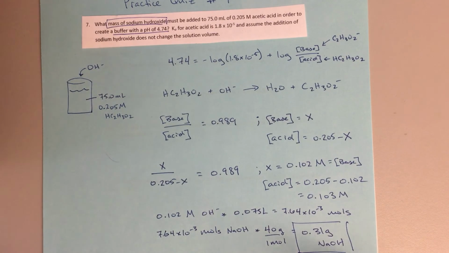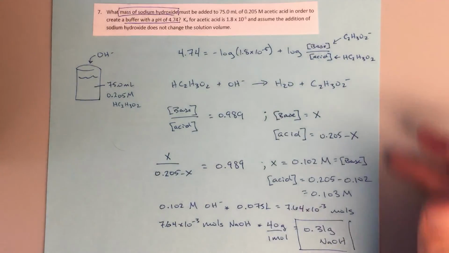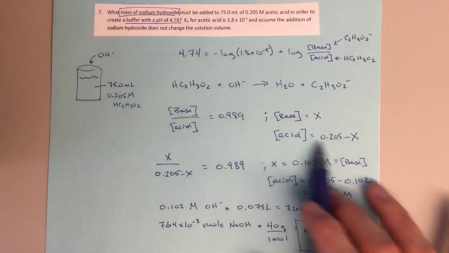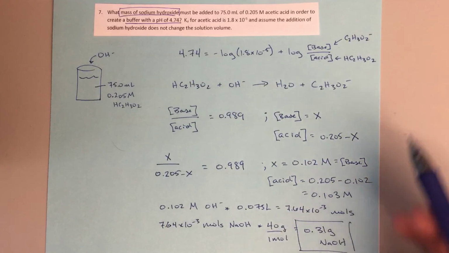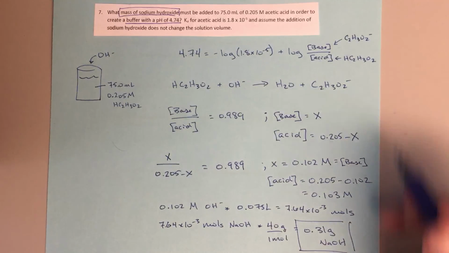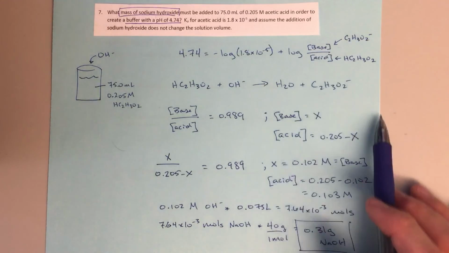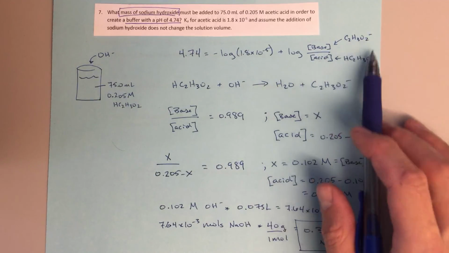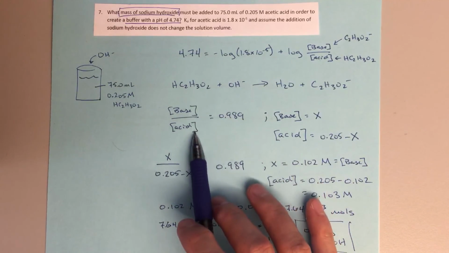And again, like I said, I want to reiterate that a problem like this, you will not be asked to do this. I think this algebra part here is a little bit tricky, but understanding why this works, why I'm putting concentration of base over concentration of acid, that this is acetate ion, this is acetic acid. I can solve for my ratio.